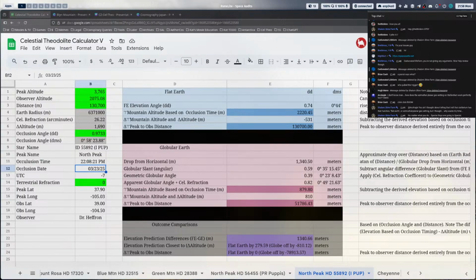Yes, that is exactly what we're doing. You got it. So you're saying that the moment that the star is occluded is the actual position of that mountain peak, correct? Yes. Behind it. That is what it comes out to be. Yes, because there's an optical difference. What you see is optically compressed.